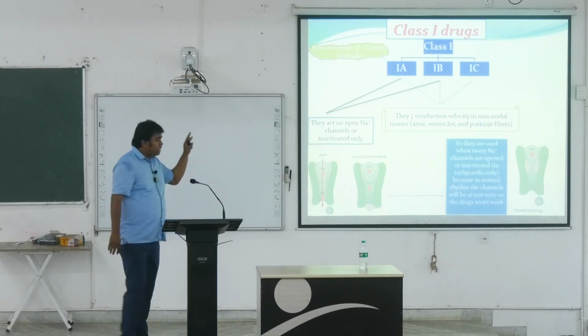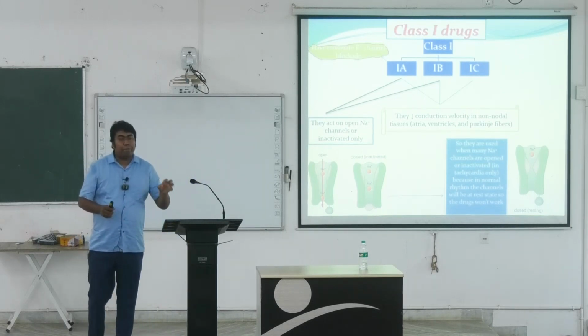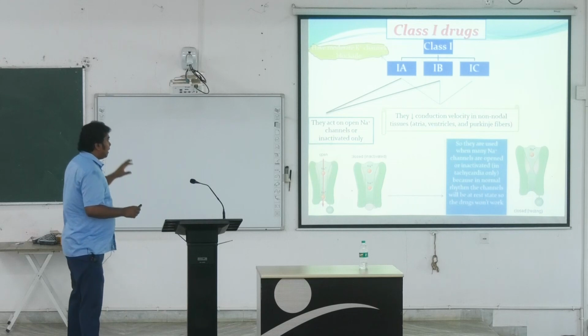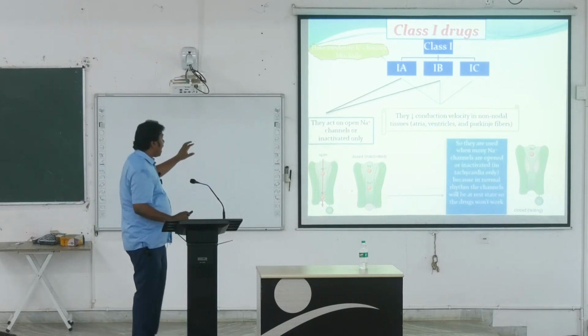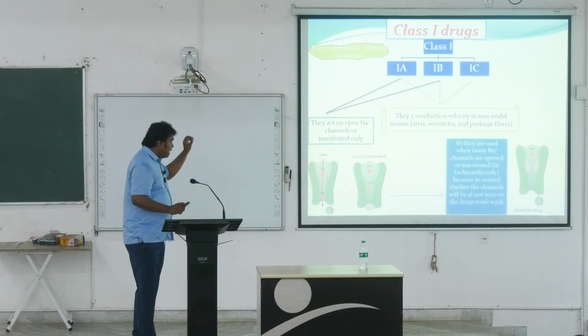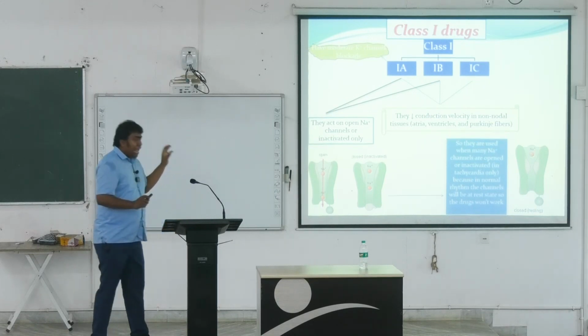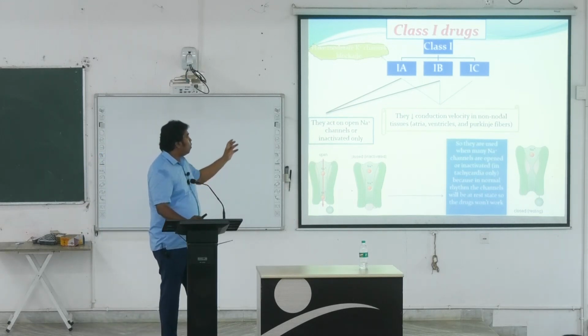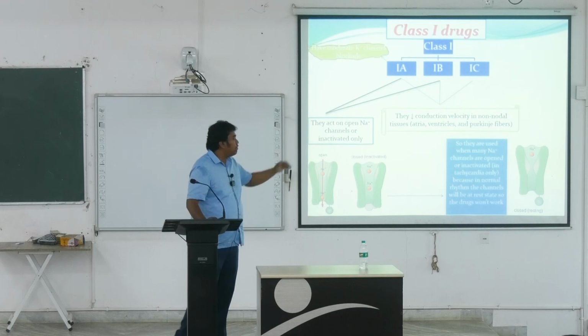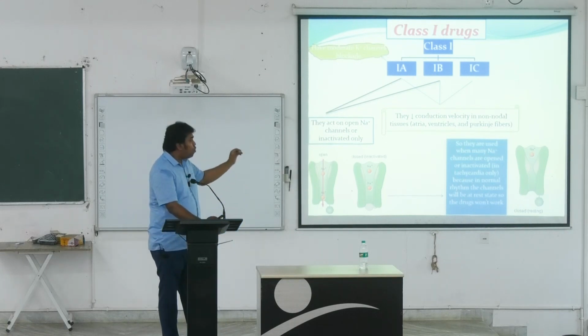Now sodium channel blockers or class 1 have three subclasses: 1A, 1B, 1C. How do they act? They block the sodium channel in the inactivated state. So they reduce the conduction velocity of the non-nodal tissue.